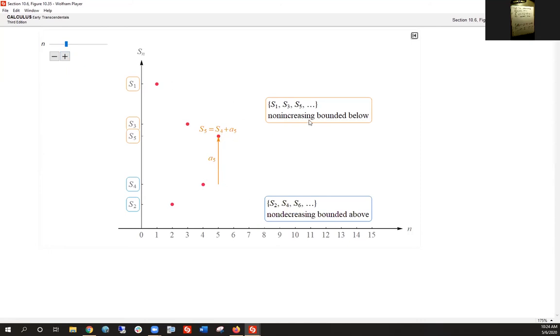And so you can see that the sequence of S1, then S2, then S3, all these odd terms, is non-increasing, which is code for going down or staying flat. And it's also bounded below. What do we mean by bounded below? What's this bounded below by? The limit.